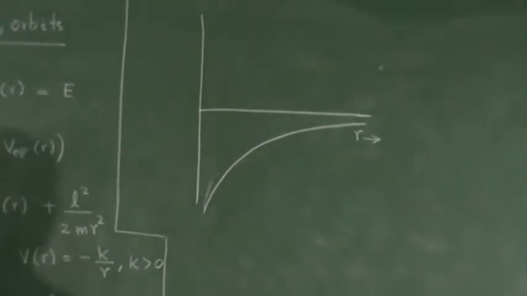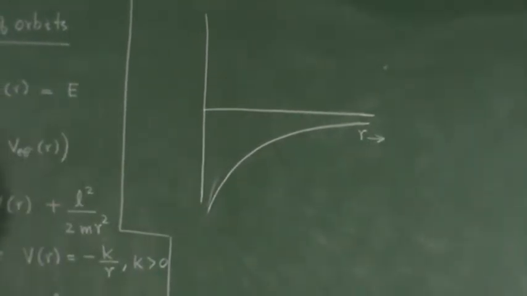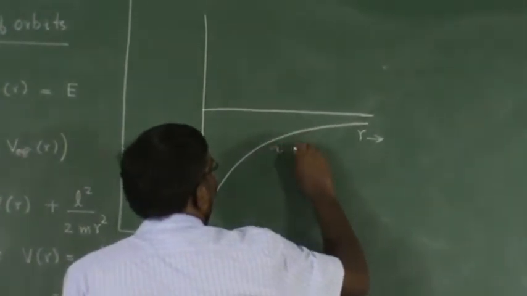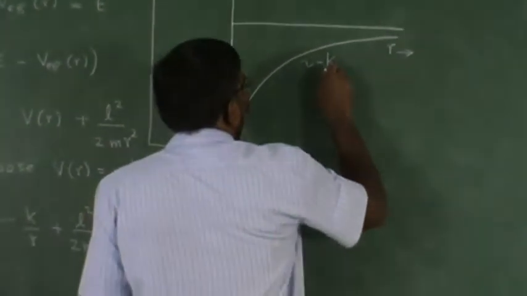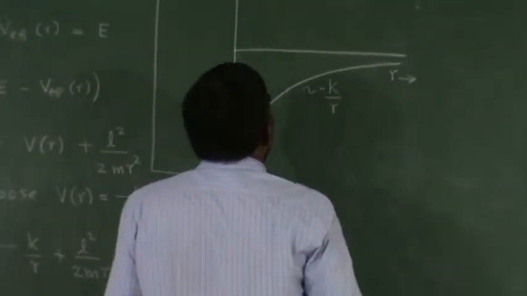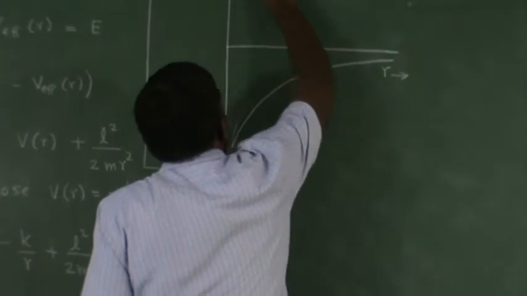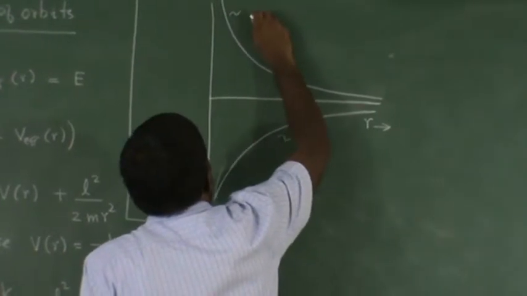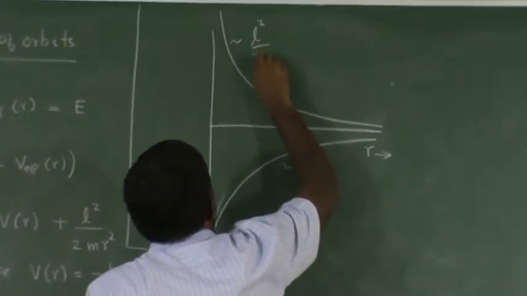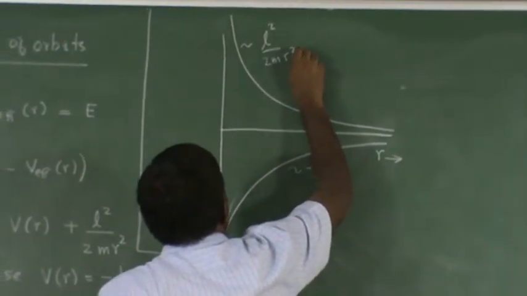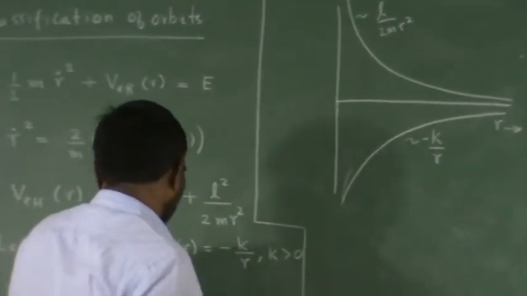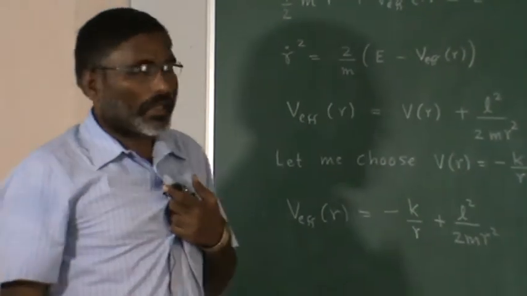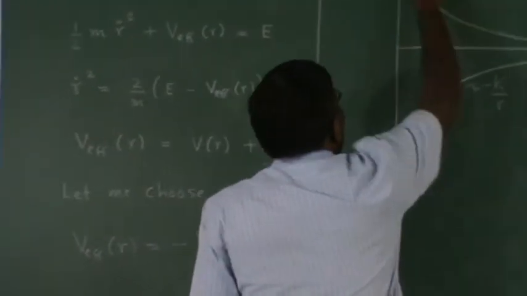So this is minus K. On the other hand, this one will go like this. So this is L square by 2m r square. Now what I require here is the sum of these two. The effective potential will be like this.